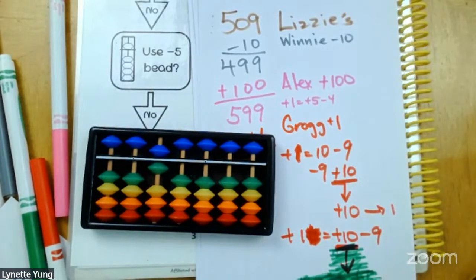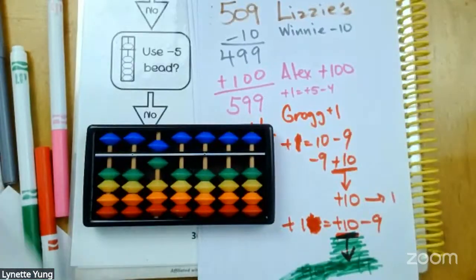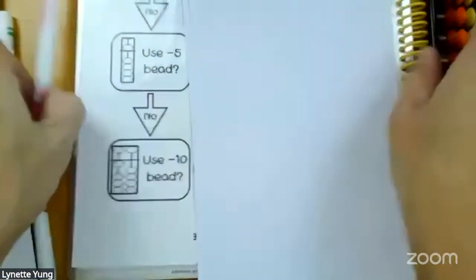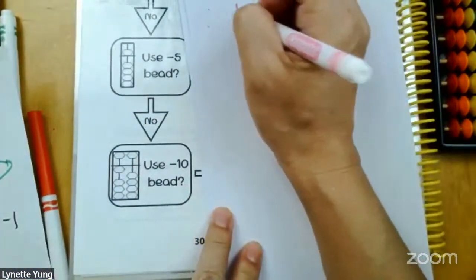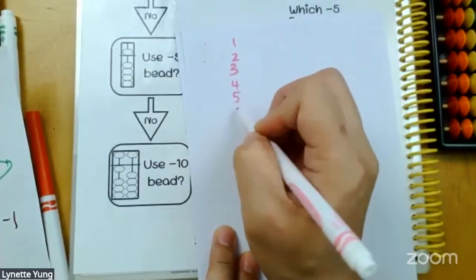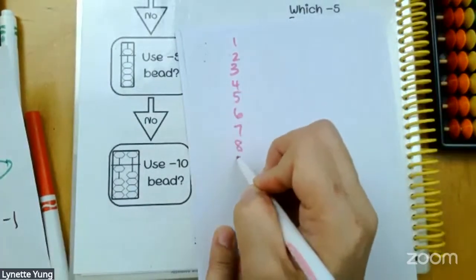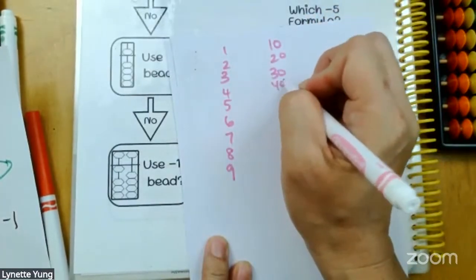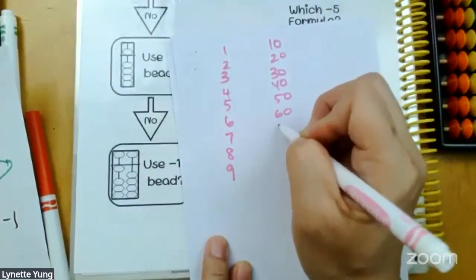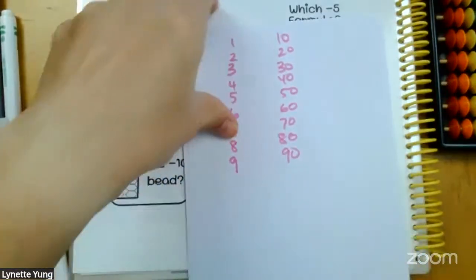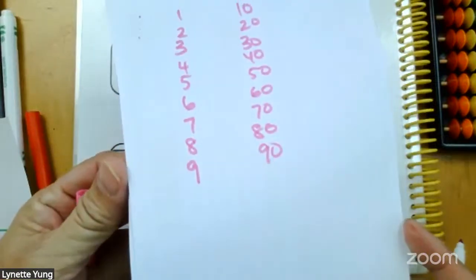Okay. So if you notice, just like what I wrote, if we write 1, 2, 3, 4, 5, 6, 7, 8, 9. Same thing, 10, 20, 30, 40, 50, 60, 70, 80, 90. If I covered it up, the numbers are the same.